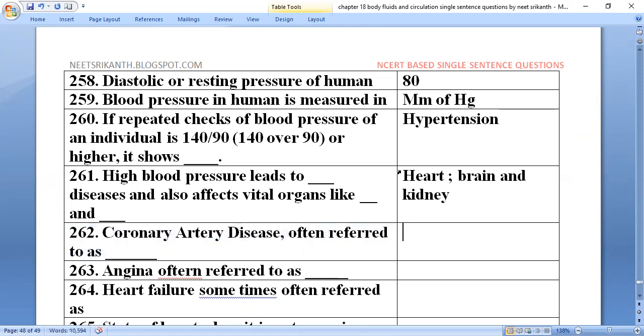Coronary artery disease, often referred to as atherosclerosis. Angina, often referred to as angina pectoris, is a warning signal. Heart failure is sometimes referred to as congestive heart failure.